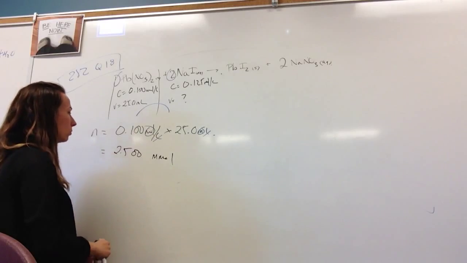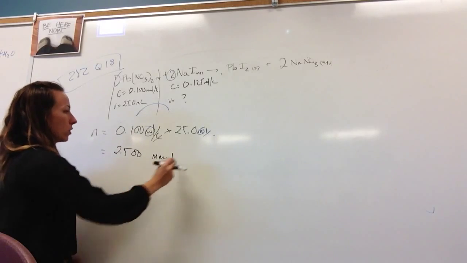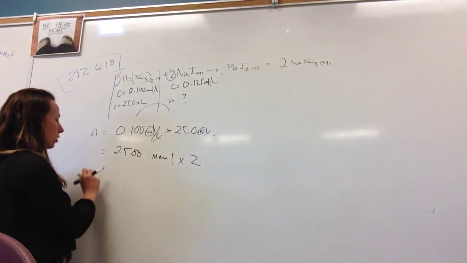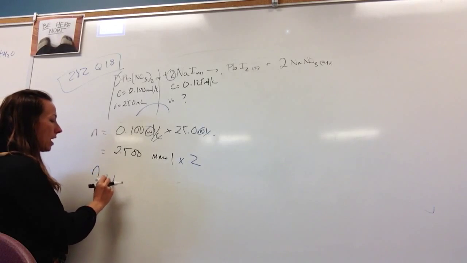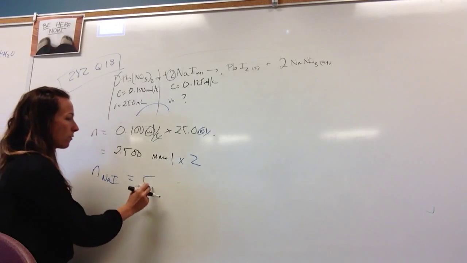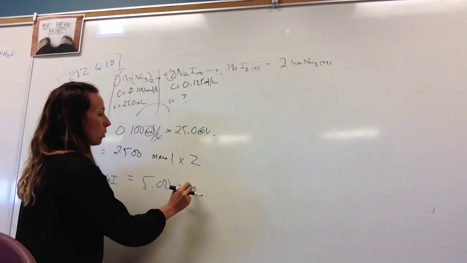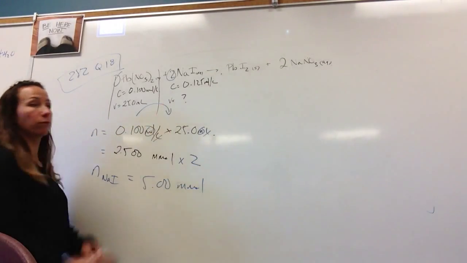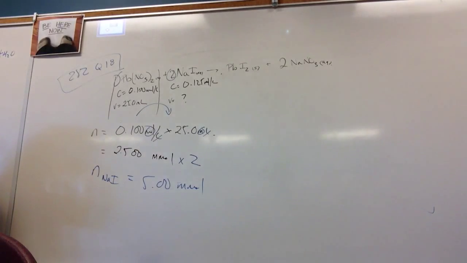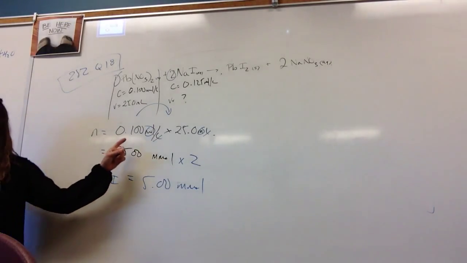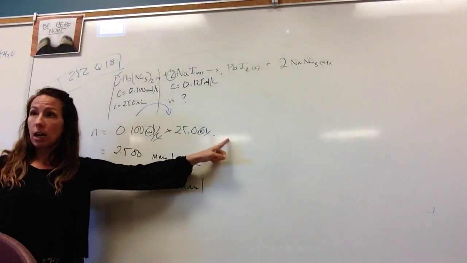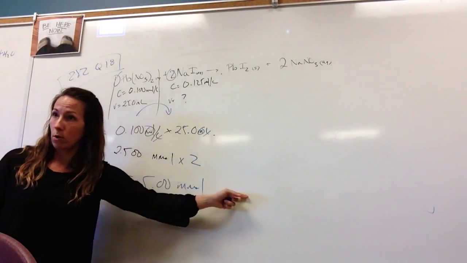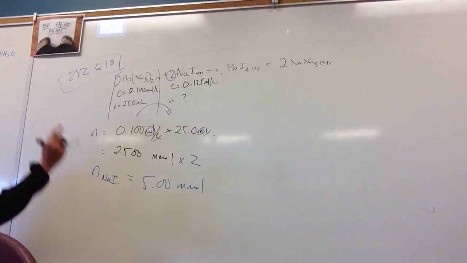You multiplied by 2, to get your number of moles of NaI. So NaI will be 5.00 millimoles. Now I'm in this column here. Whereas you just got this times 2 moles divided by 1 mole, times 1 over.